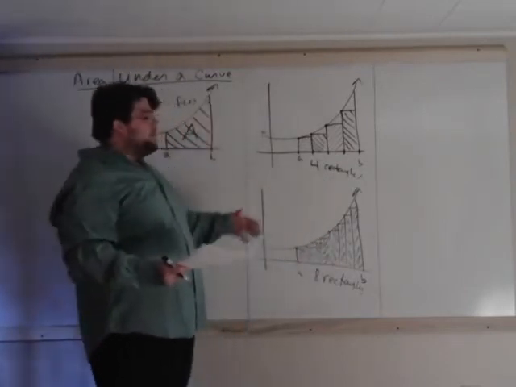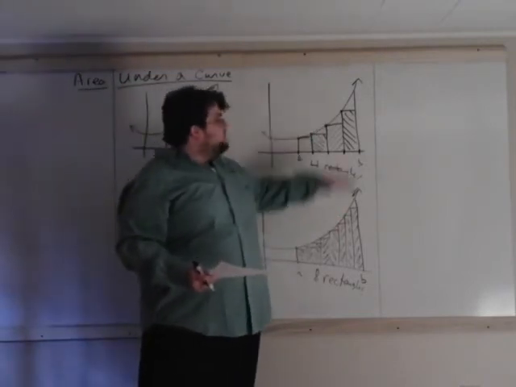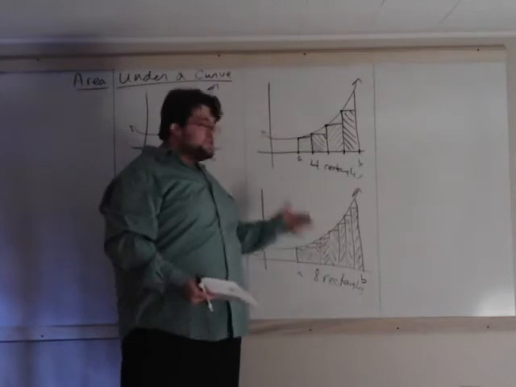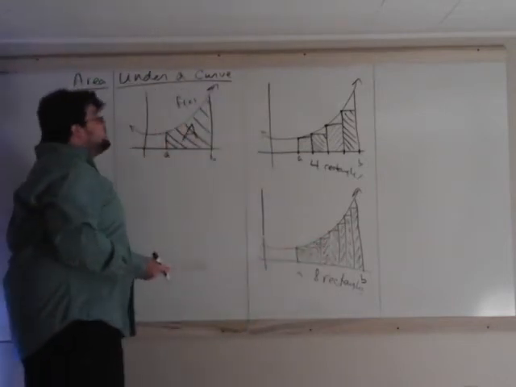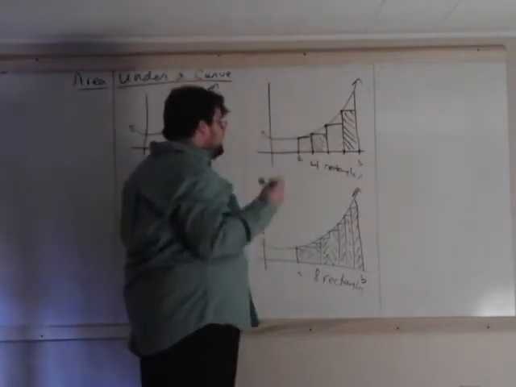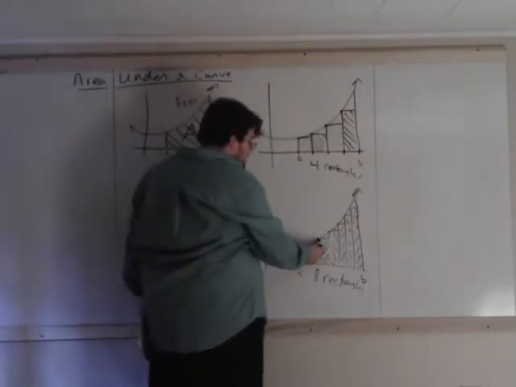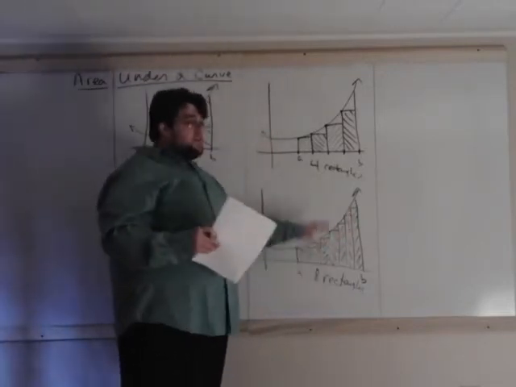In other words, as you divide your interval up more and create more rectangles, the error term, which is these 8 wedges versus these 4 wedges, gets smaller. Here we have a certain error given by those 4 wedges, and here a certain error given by these 8 wedges. This error is less than this error.